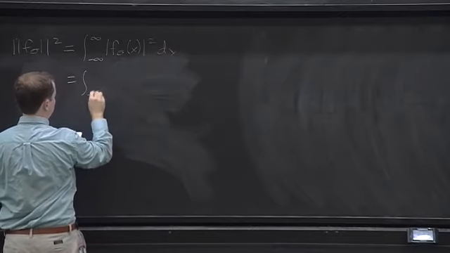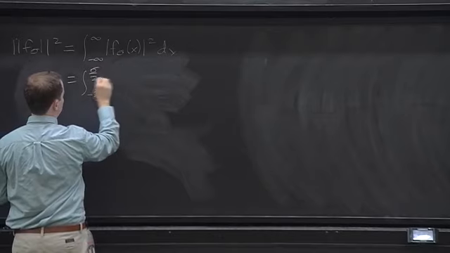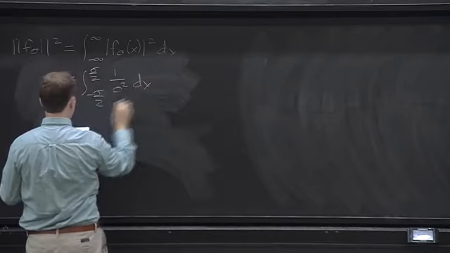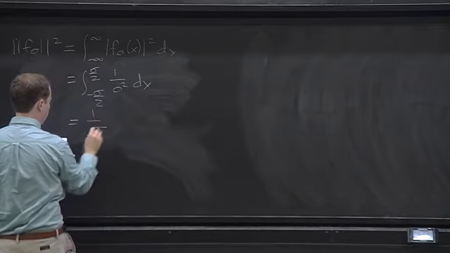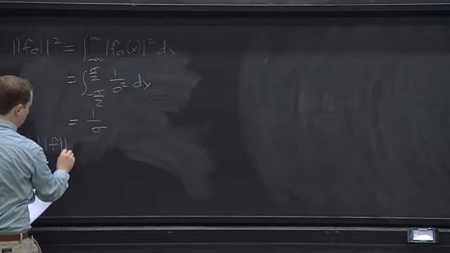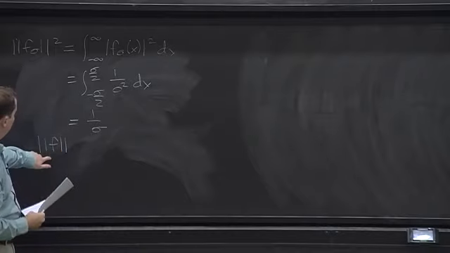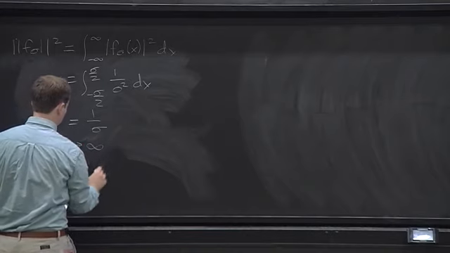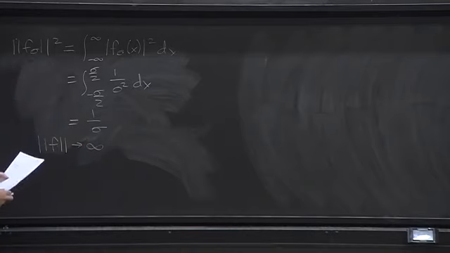It's just the integral from minus sigma over 2 to sigma over 2 of 1 over sigma squared, which is 1 over sigma. So the norm of this limiting function goes to infinity. So delta is not in this function space. It doesn't have a finite norm.